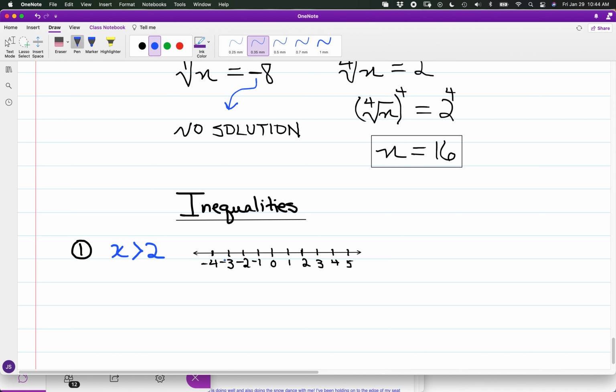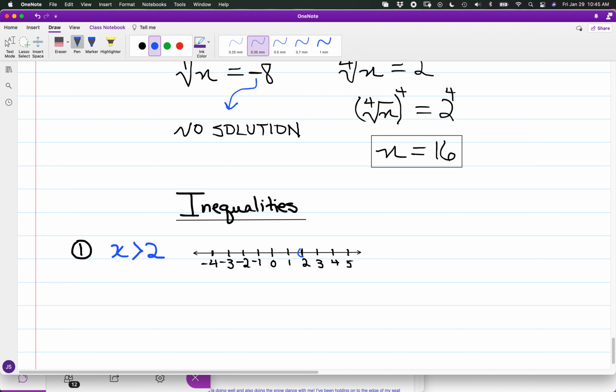Now for inequality statements like greater than, less than, the author will use a parenthesis in the book. But now in ALEKS, instead of a parenthesis, it's going to be an open circle, or what is also referred to as a hole. And we have x is greater than 2. Now 2 is not included.